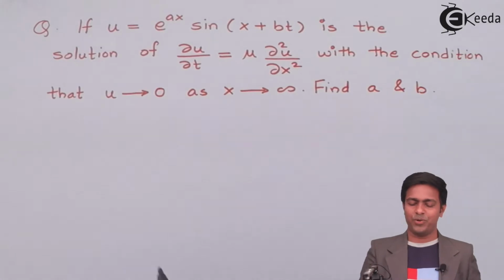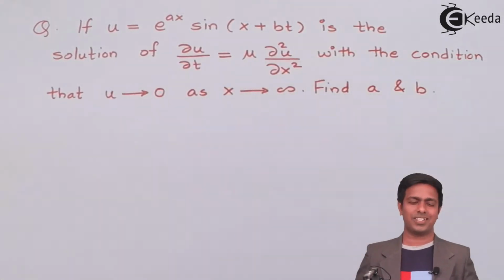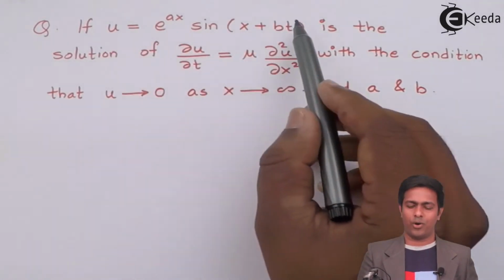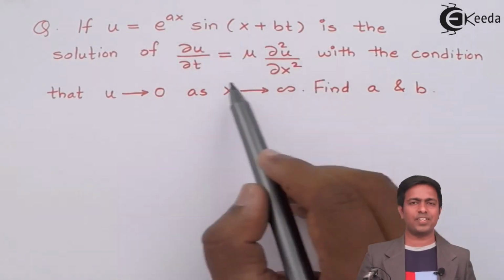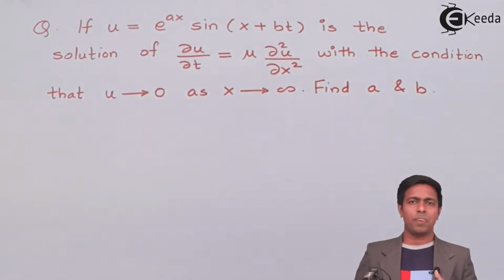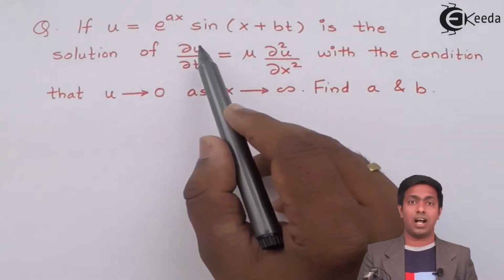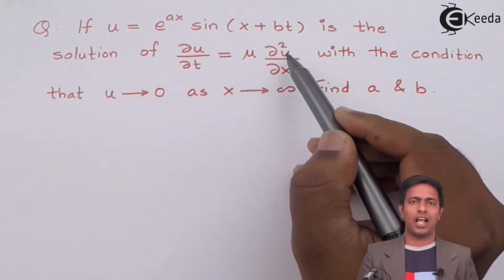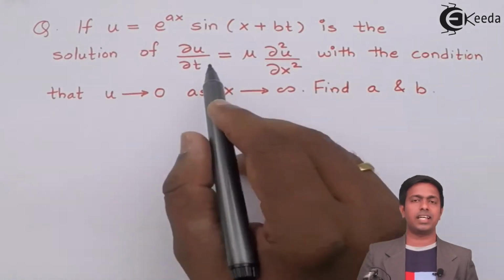Now if u equal to e to the power ax sine (x plus bt) is a solution of this given differential equation, then guys, it is similar to the concept which we have learned in 12th standard in the differential equation chapter. Whenever a function is given and it is said that the function is a solution of some differential equation, then what we do is, we differentiate that function according to the equation and put that value in the function, and we get both sides as equal.